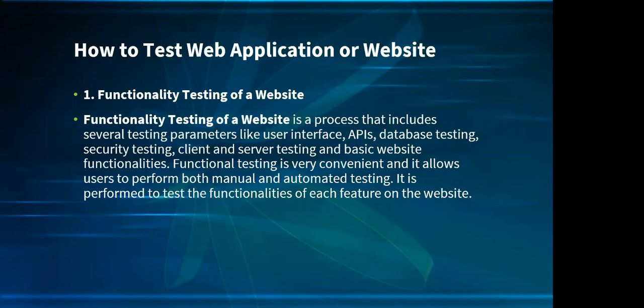All these are the things that we look at when it comes to the functional part of a website. It involves the various things that I've mentioned now, and you will see practically how it comes together.